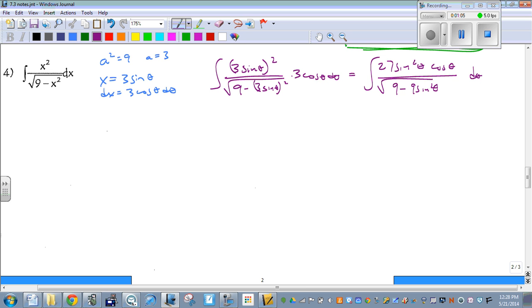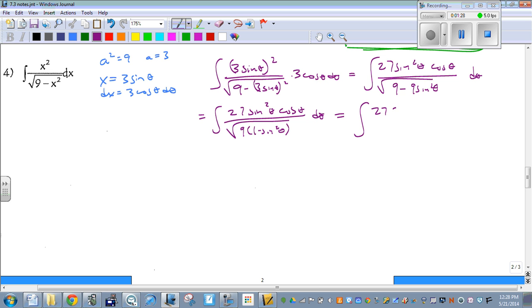On the bottom, like recent ones, we can factor a 9 out and use our Pythagorean identity. So we get the square root of 9 times (1 minus sine squared). But 1 minus sine squared is the same as cosine squared.